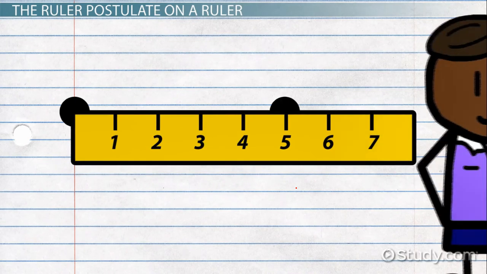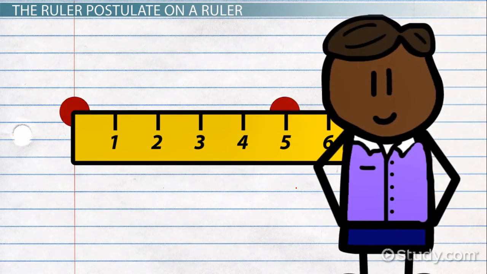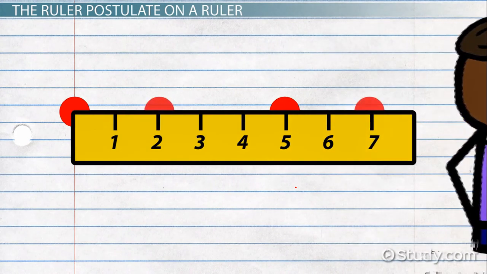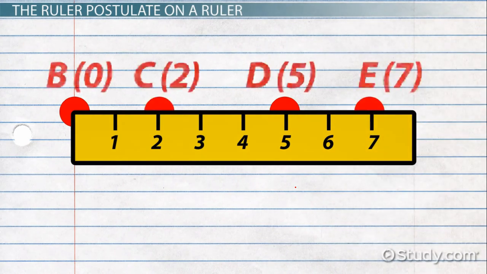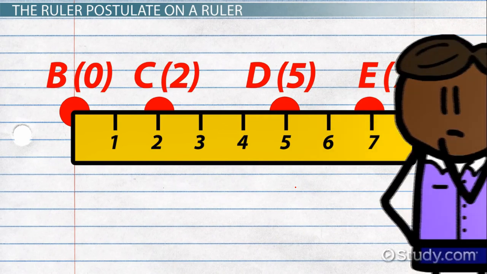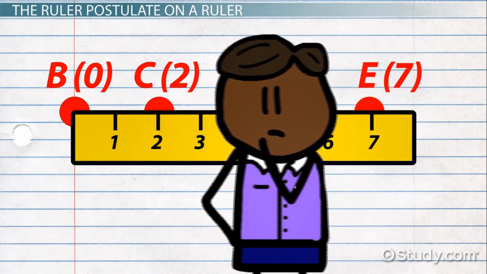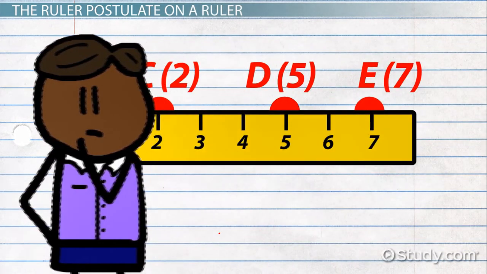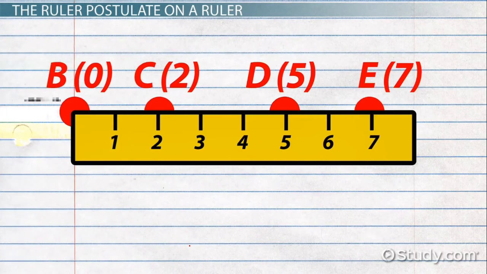With the ruler postulate, we're just using the ruler to give each point a coordinate. So we line up the ruler along all of the points at one time and assign each point the number on the ruler that it falls on. Just make sure the ruler is long enough to include all of the points that you are working with so that each point ends up with a coordinate. Let's start with a couple of examples.